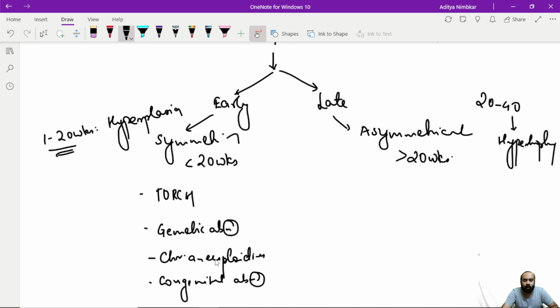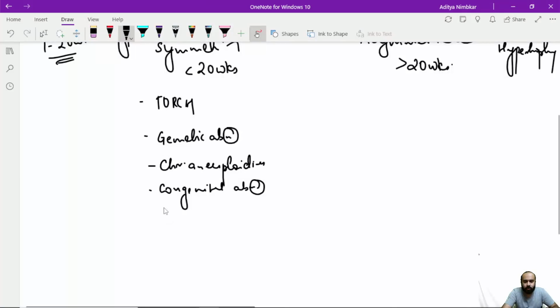Then metabolic abnormalities like glycogen storage disorder. So these are the major reasons why symmetrical FGR can occur, because if they can invade in the first trimester, they are going to affect the baby very badly. The total number of cells are going to be reduced. So the head circumference and the abdominal circumference both remain the same.